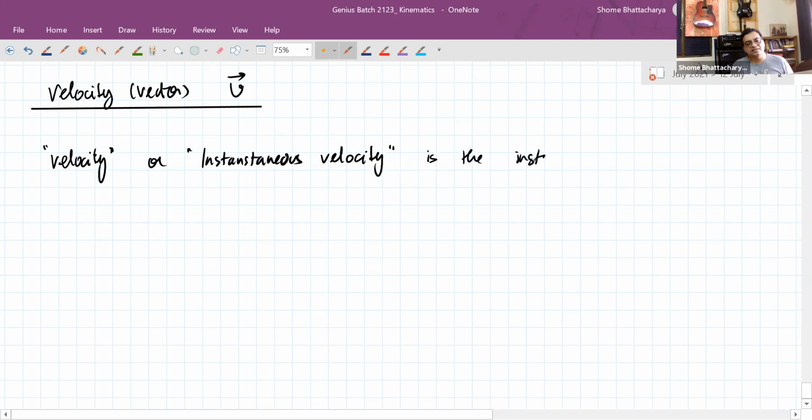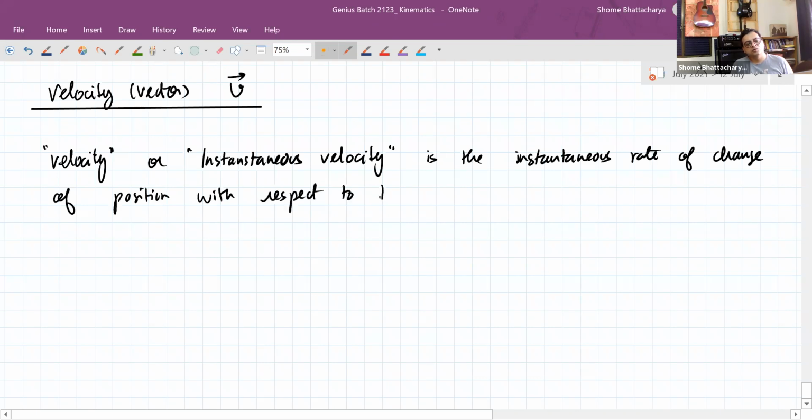So instantaneous velocity is the instantaneous rate of change of position with respect to time. Now here something interesting comes up. You might say that we have earlier understood velocity as displacement upon time, so why are we saying it's rate of change of position with respect to time?